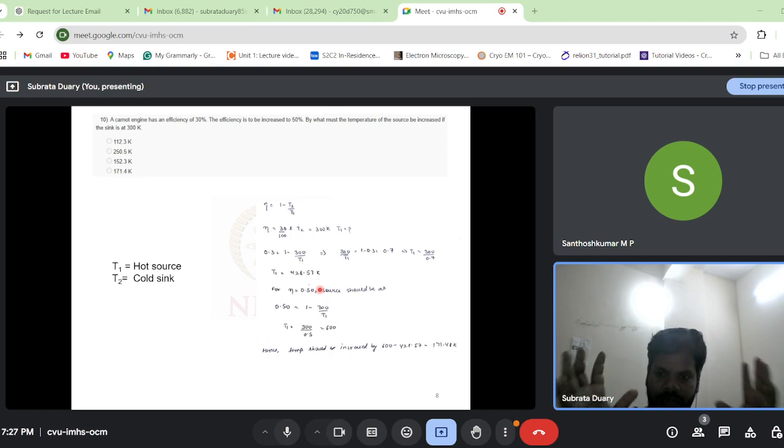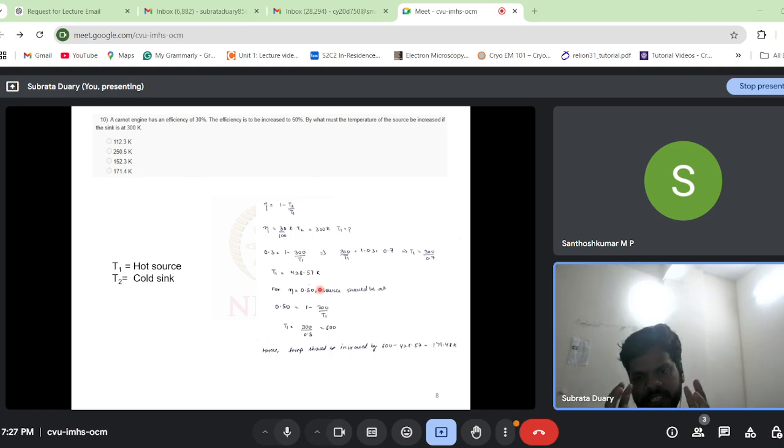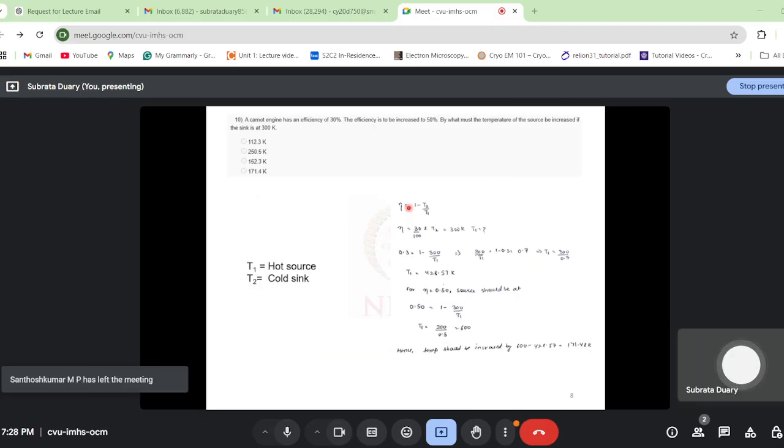So first you have this hot source followed by the cold sink. Now heat is flowing from the hot source to the cold sink, and you are basically getting some efficiency. So what is the efficiency? To get a higher efficiency, your hot source should be at high temperature compared to your cold sink, right? So T2 by T1 has to be very small, eta nearly tends to 1.